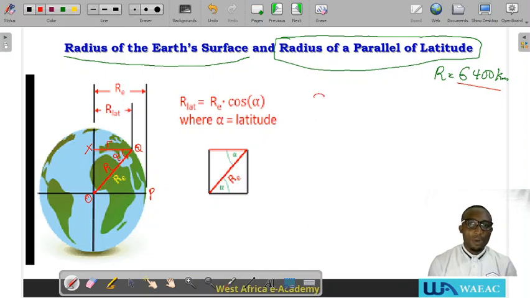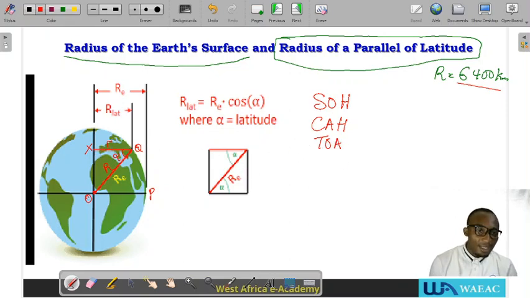Don't forget our SOHCAHTOA. So what we have here, this is a perpendicular line, and if you look at it very well, we have the radius, which is our adjacent, and we have our big R, which is our hypotenuse.